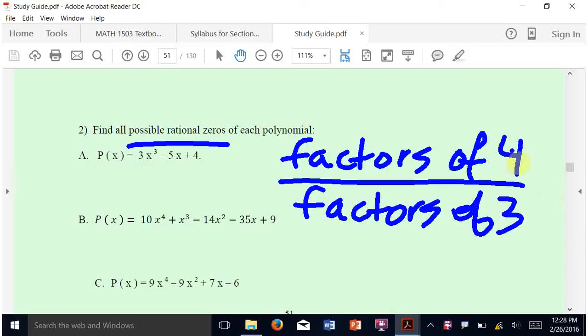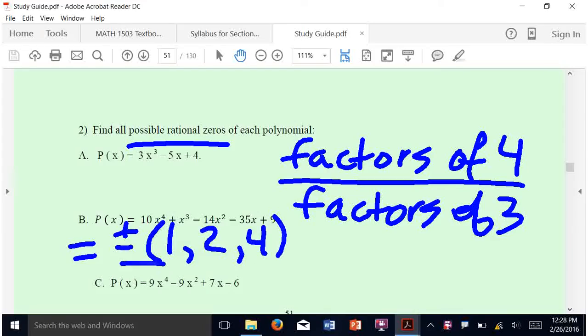So where did the 4 and the 3 come from? Well, the 4 is the constant term and the 3 is the leading coefficient. So the factors of 4 and the factors of 3. So the factors of 4 are going to be plus or minus 1, 2, and 4 divided by the factors of 3, plus or minus 1 and 3.